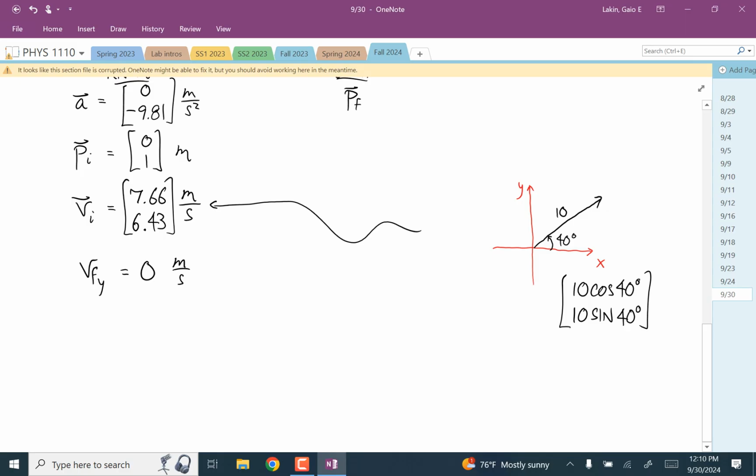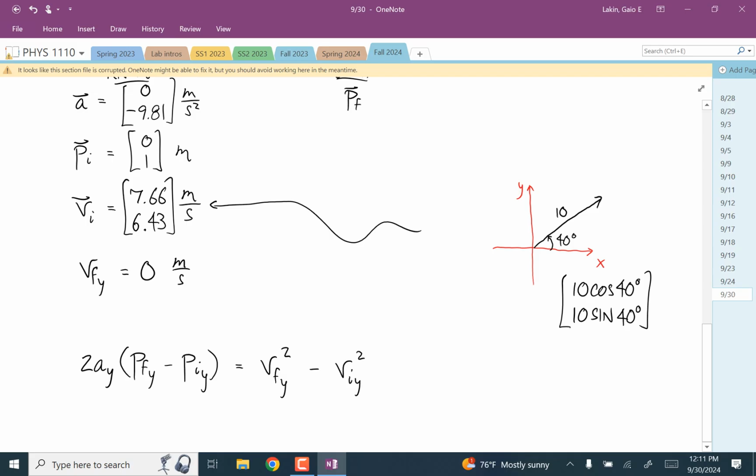No. Okay, so it's Pfy we can calculate this way. 2ay times the quantity Pfy minus Piy is equal to Vfy squared minus Viy squared.